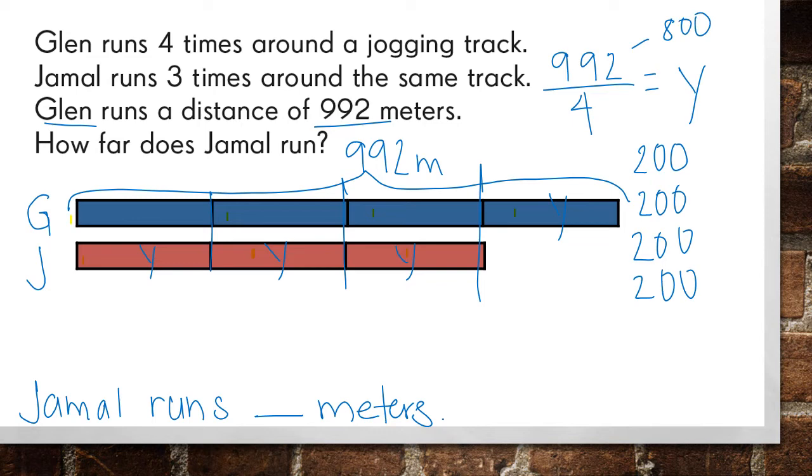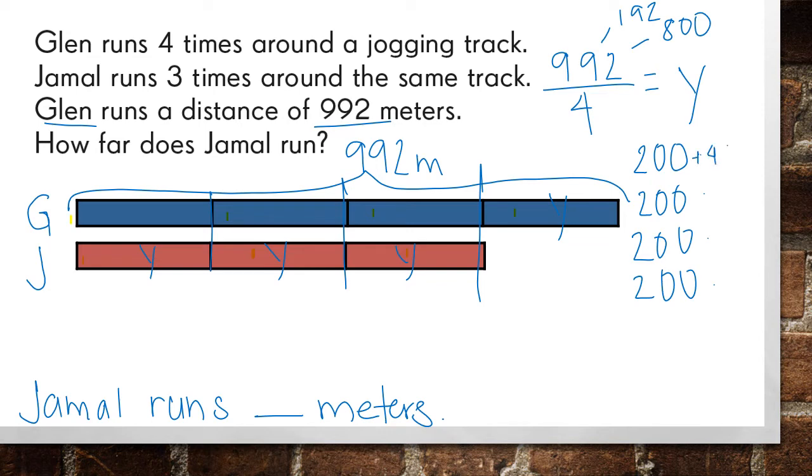So I have 192 left. Do you see something you could do with that? I was thinking we could do 50, but if I did 50 four times, that would be 200. I would have used too much. So maybe you want to try 40, 40, 40, 40.